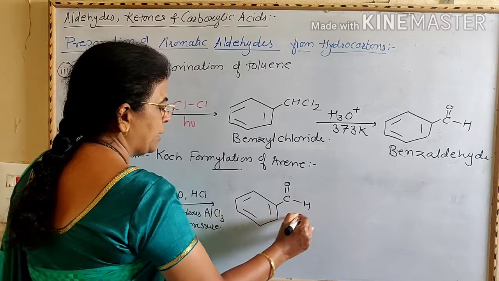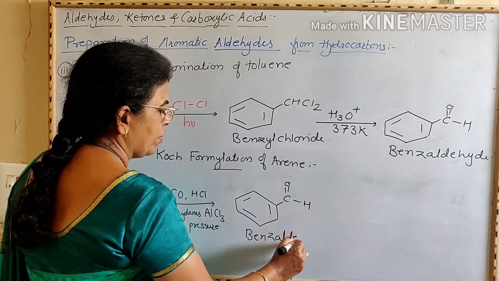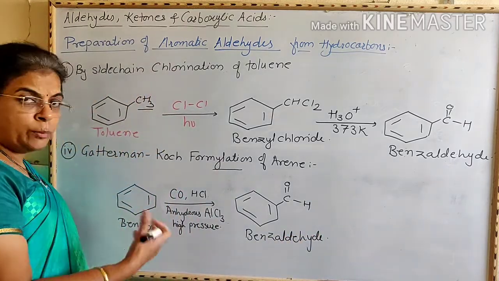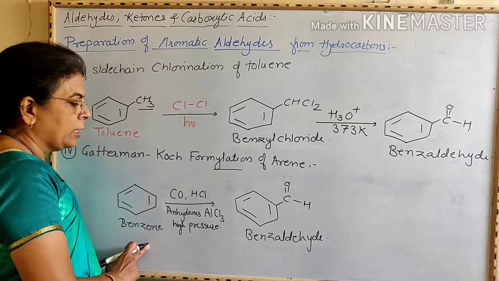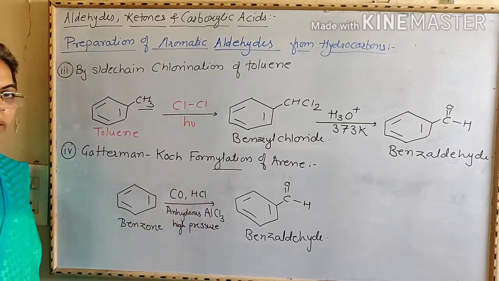This is benzaldehyde. In this way, benzene or substituted benzene is converted into benzaldehyde by Gattermann-Koch formylation.